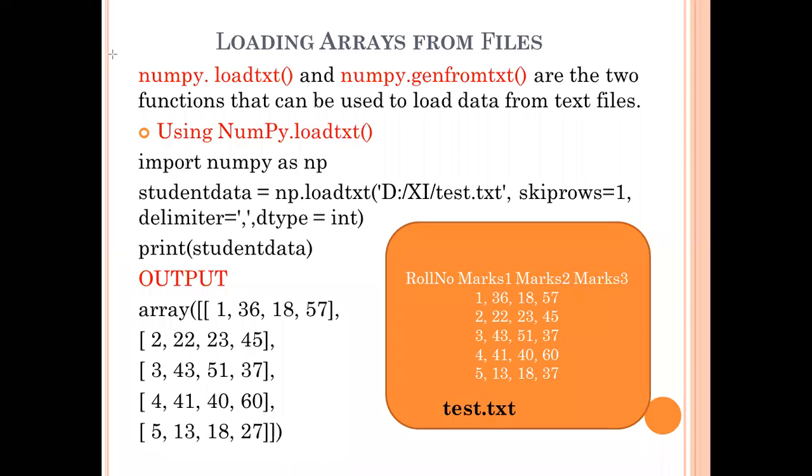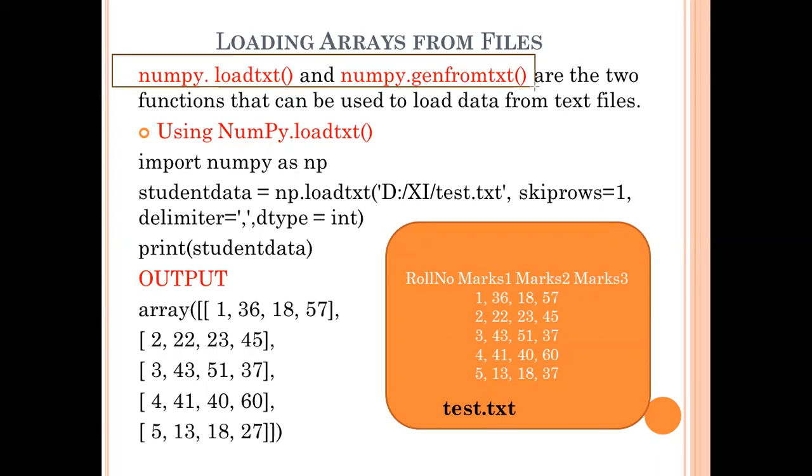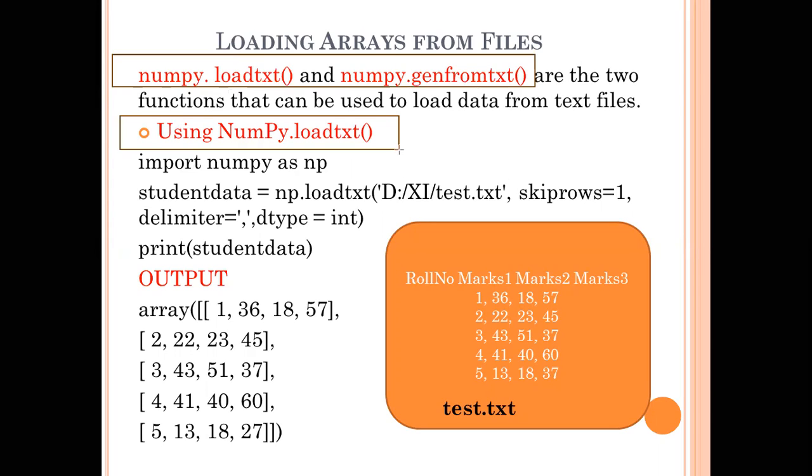The first one is loadtxt, and the second one is genfromtxt. It means generate from text and load text. It means the text file is already created and we store this information in an array. Then first we will discuss loadtxt.